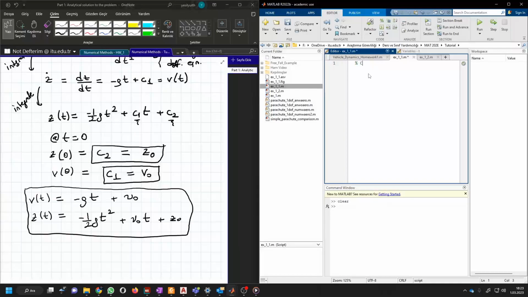I will start with the constant parameters of my problem. I have a mass of 100 kilograms. Gravitational acceleration 9.80665. I have a velocity initial condition of 0.